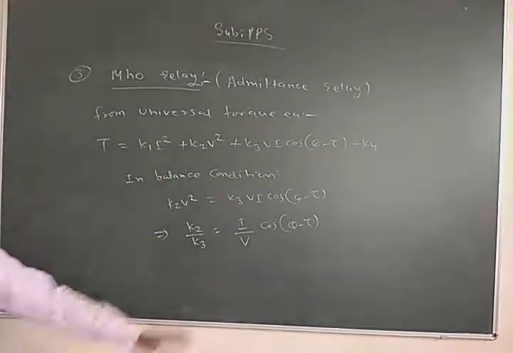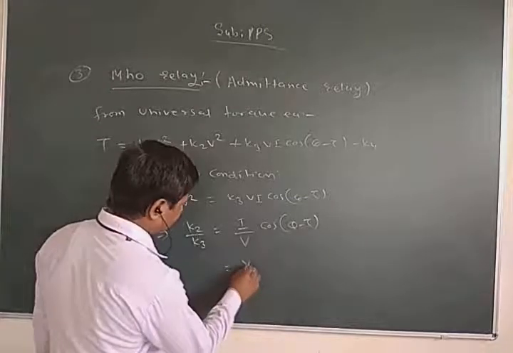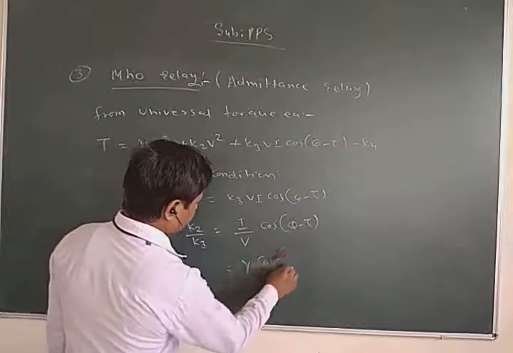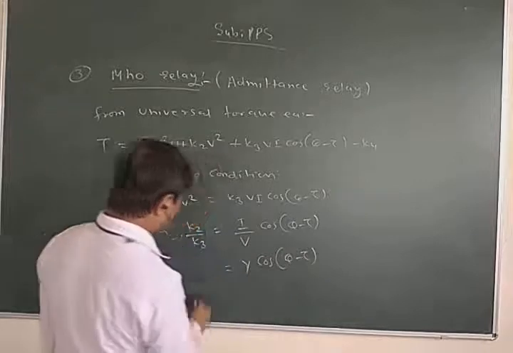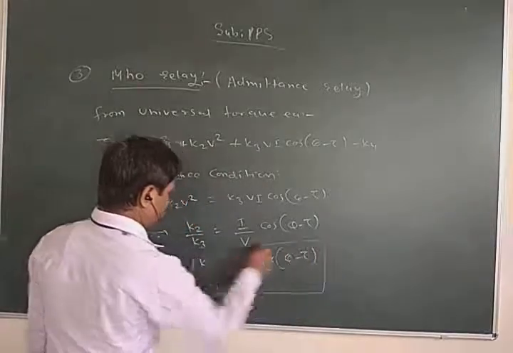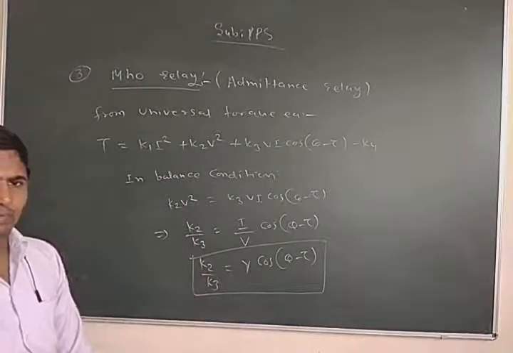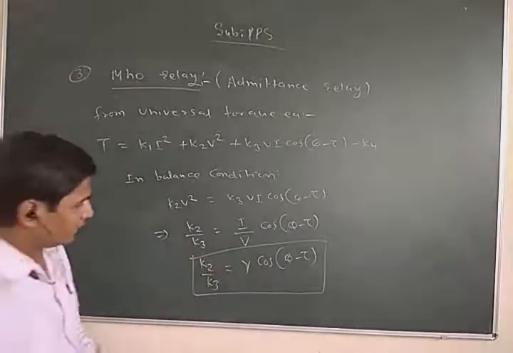Where I upon V represents admittance, that is Y cos of theta minus tau. If the admittance is greater than this value K2 upon K3, the relay will operate.